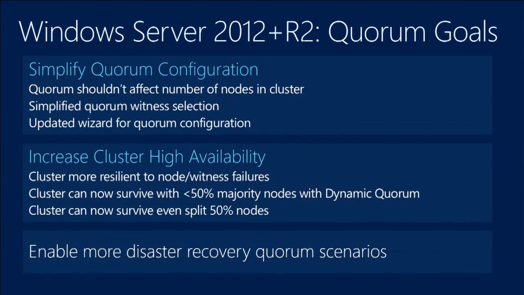In terms of Quorum goals, when we started to work on Windows Server 2012 as well as Windows Server 2012 R2, an overarching goal was to make Quorum configuration simple. We have heard so many cases where people got confused: I have these 4 Quorum models, node majority, node and disk majority, node and file share majority, which model is applicable under what configuration?